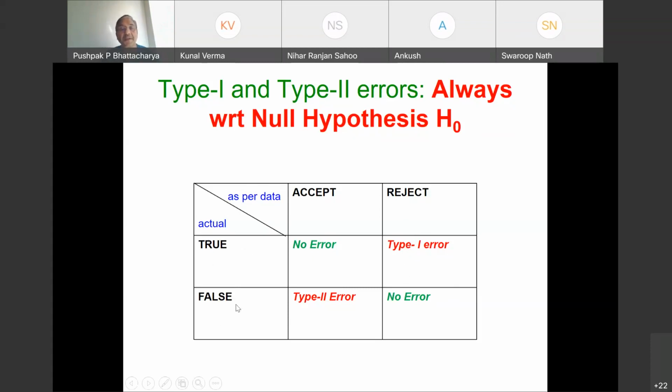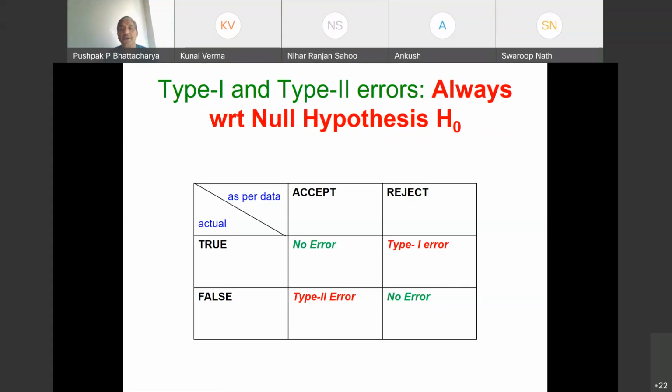The patient doesn't have cancer actually, but the data forces me to say that the patient has cancer. This is type 2 error. And this is not dangerous. The patient will remain healthy as far as the cancer situation is concerned. But it will be a big mental anxiety, as well as a tremendous amount of expense on medical investigations.